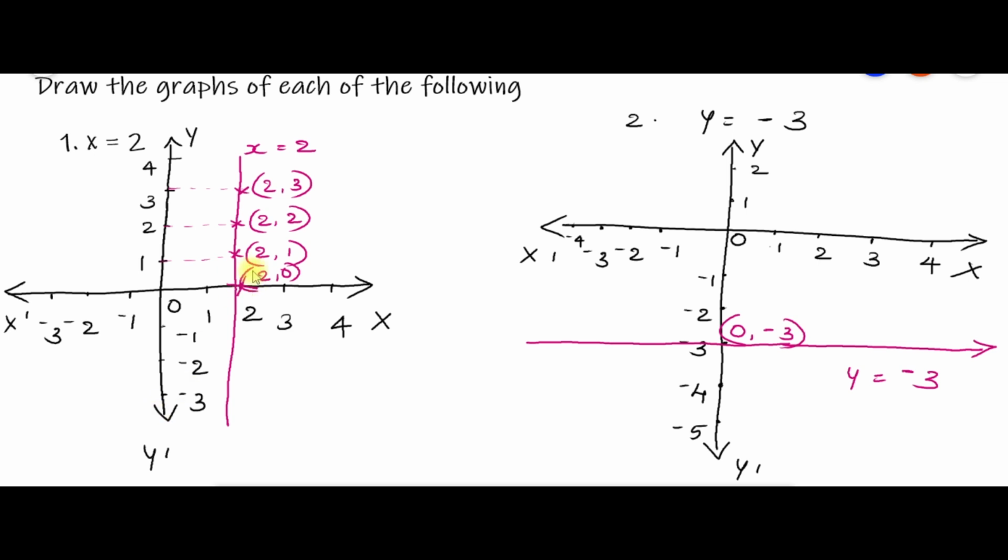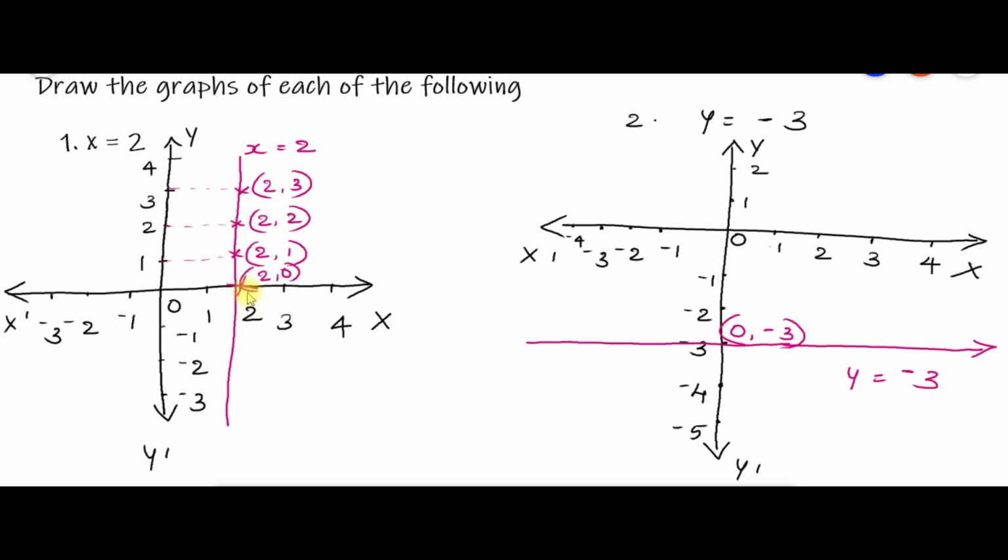So x is equal to 2 means that x will always be at 2, whatever may be the ordinate of y. So you can represent this with a straight line which is parallel to y axis. So x is equal to 2 represents a line parallel to y axis.